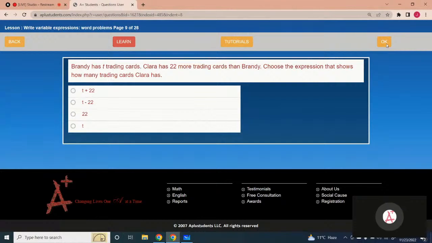Okay, Brandy has T trading cards. Clara has 22 more trading cards than Brandy. Choose the expression that shows how many trading cards Clara has.